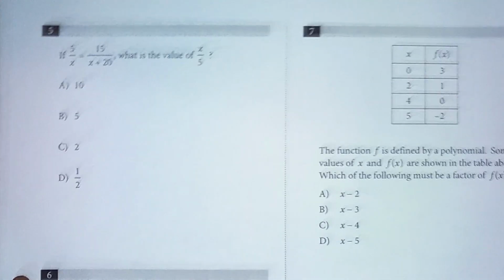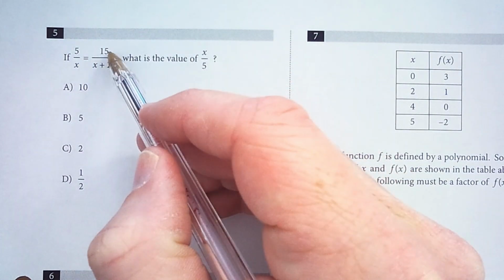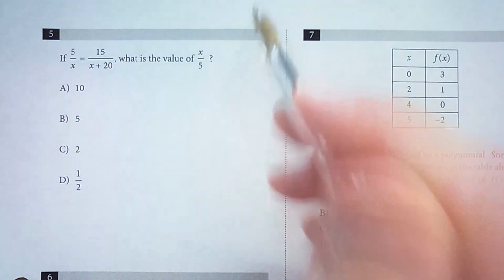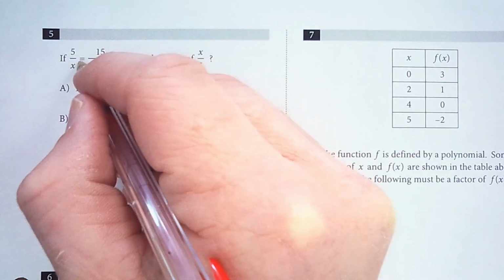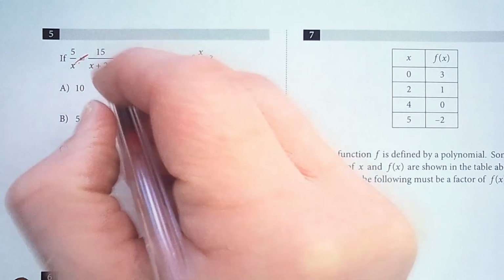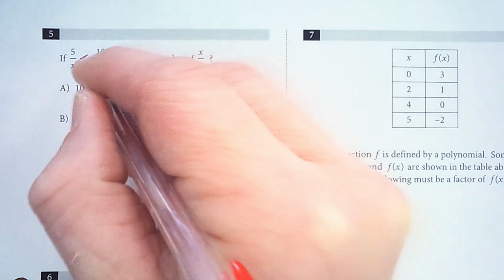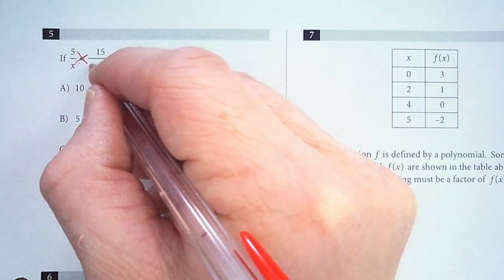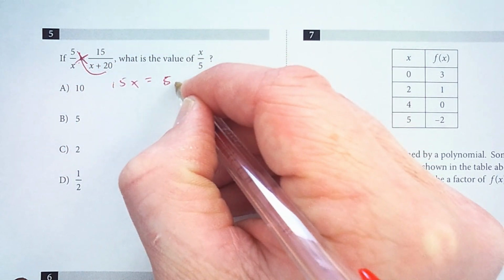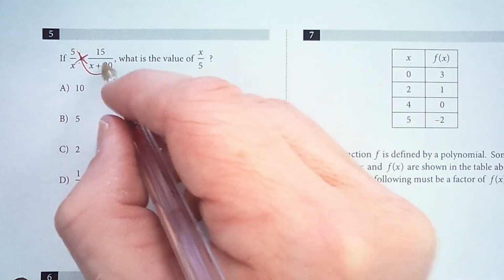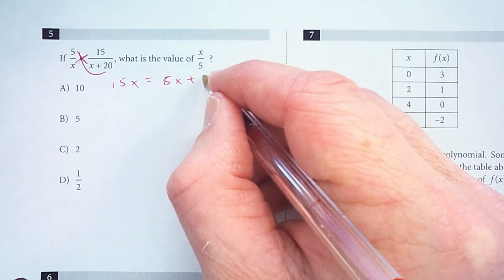Number 5, if 5 over x equals 15 over x plus 20, what is the value of x over 5? Okay, so let's do our cross product. So we get 15x equals 5 times x plus 20. I'm going to distribute that, and we get 5x plus, and then 5 times 20 is 100.